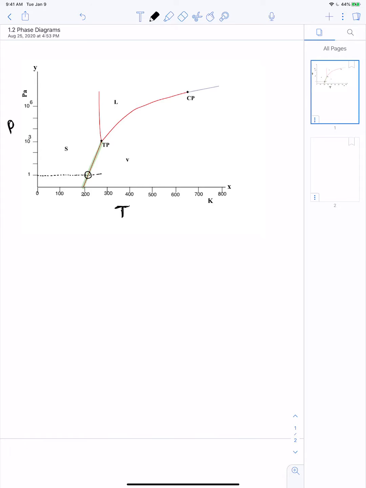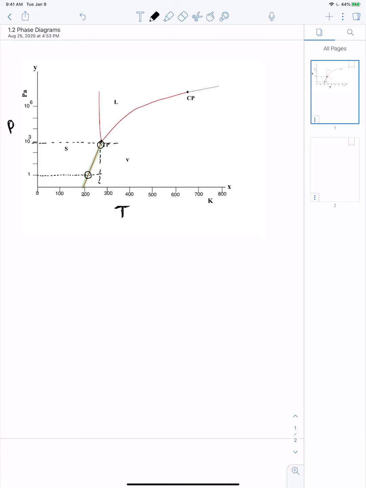But if I increase the pressure to whatever this is, 10 to the third, so 1,000 pascals, must be logarithmic or something over here, now the same phase transition is going to take place at a higher temperature, maybe somewhere closer to 275 Kelvin. Okay, so that's how you'd want to read them.